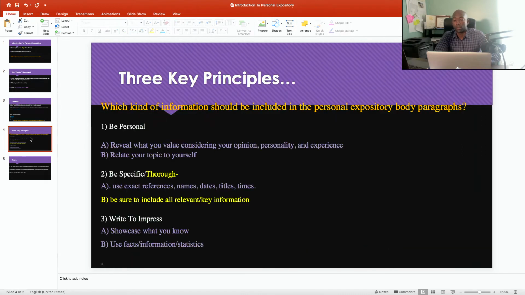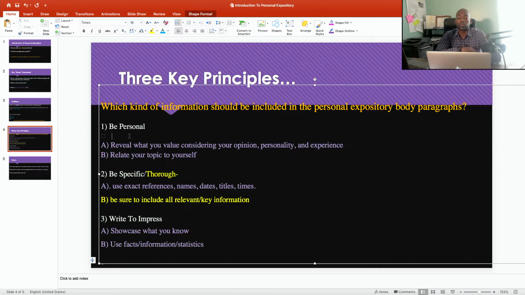Okay? All right, and these are the 3 principles that I seek to do when writing the actual body paragraphs. Okay, so I'm going to come back to these, but these are the 3 things that I'm trying to do. I'm trying to be personal, which means reveal information about myself, right? And I'm trying to be specific and thorough, which means use some exact references and share all key information.